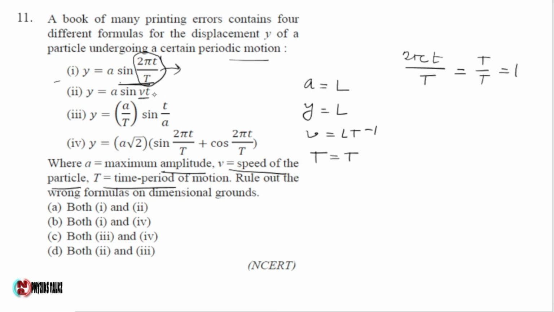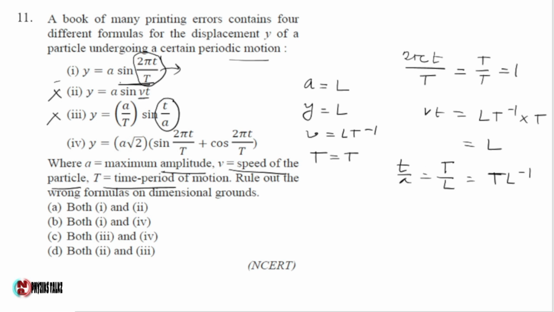For the second one, vt equals LT minus 1 into T equals L, which is not dimensionless. So this equation is wrong. Now third one, theta is t by a. Now t by a equals T by L, TL inverse, which is not dimensionless.